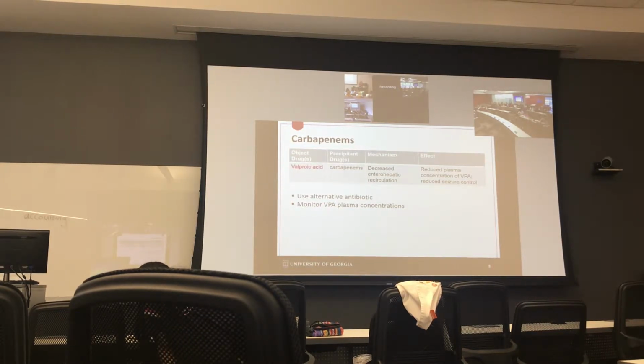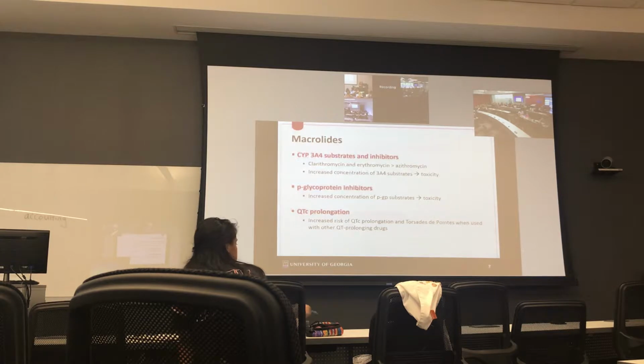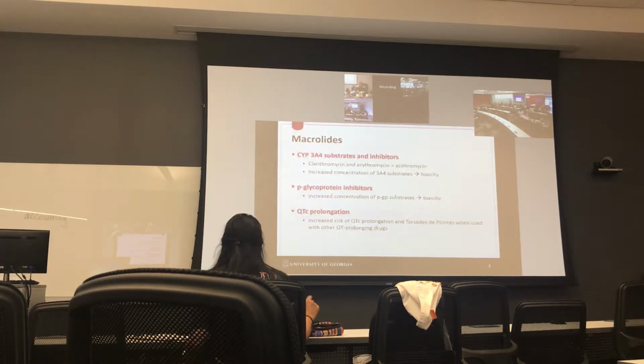We'll move on to macrolides now, which have numerous drug interactions. So macrolides are 3A4 substrates and inhibitors. So you'll see multiple interactions with any 3A4 substrates. So clarithromycin and erythromycin have greater 3A4 inhibition than azithromycin does. So in a lot of the interactions that we've seen in other lectures with macrolides, the recommendation is to try to use azithromycin instead of the other macrolides when you're able to.